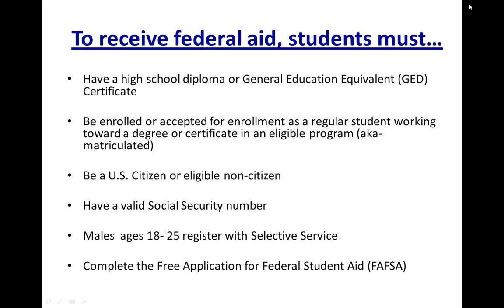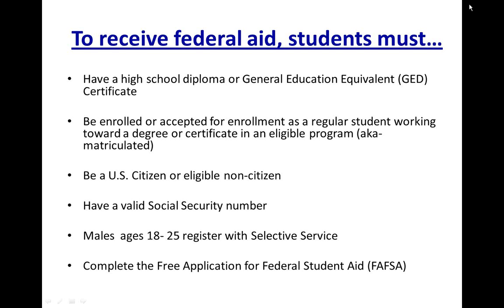To receive federal financial aid, students must have a high school diploma or GED, be enrolled or accepted for enrollment as a regular student working toward a degree or certificate in an eligible program, also known as being matriculated, be a U.S. citizen or eligible non-citizen.